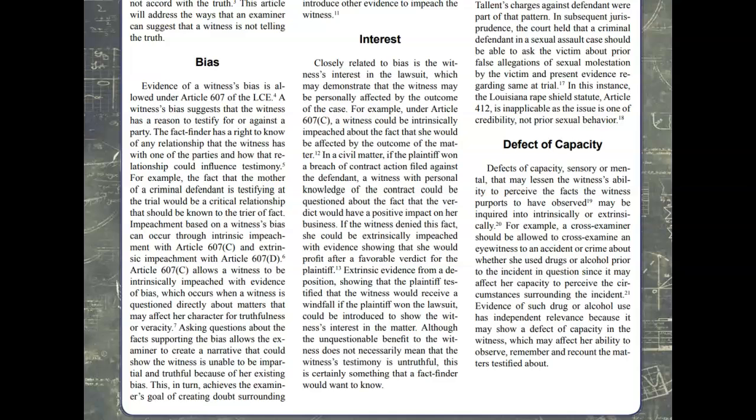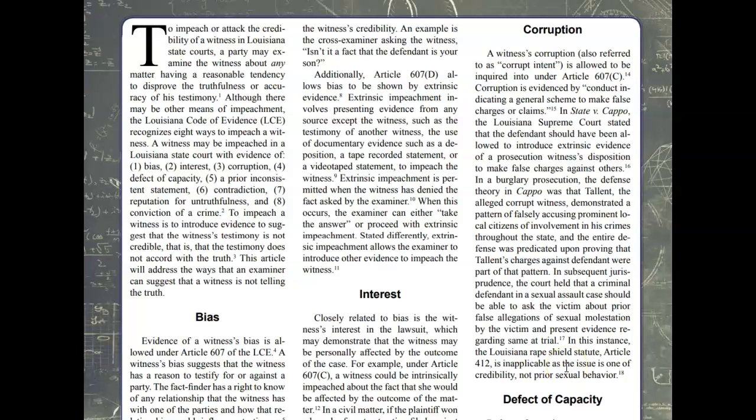For example, in a civil matter, if the plaintiff won a breach of contract action filed against the defendant, a witness with personal knowledge of the contract could be questioned about the fact that the verdict would have a positive effect on her business. That would be something that the jury would want to know because that person might not testify truthfully.